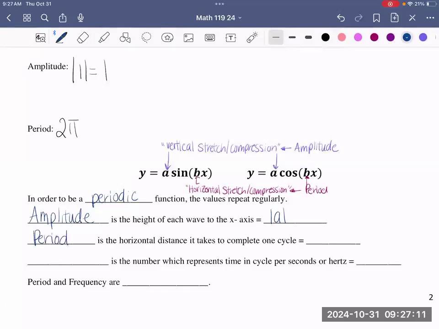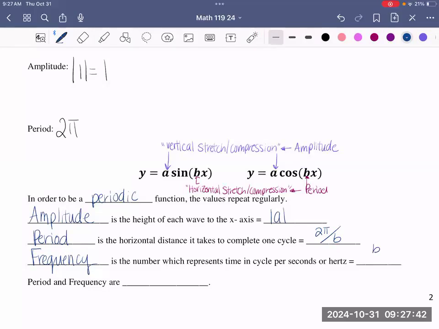Now your period is the horizontal distance it takes to complete one full cycle. We have an equation for this. It is 2 pi over B. 2 pi being your full rotation about the unit circle. And then B, being right here, will start to change. Now the frequency of each wave is the number which represents the time in cycles per second, or hertz.